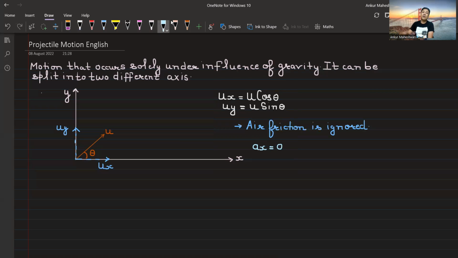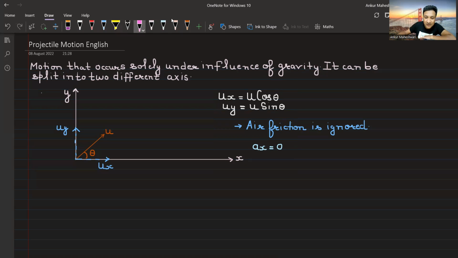Then the acceleration along the x-axis can be considered as zero, because there is no external force along the x-axis. So there is no acceleration along the x-axis, and the acceleration due to gravity is always pointing towards the center of the earth.